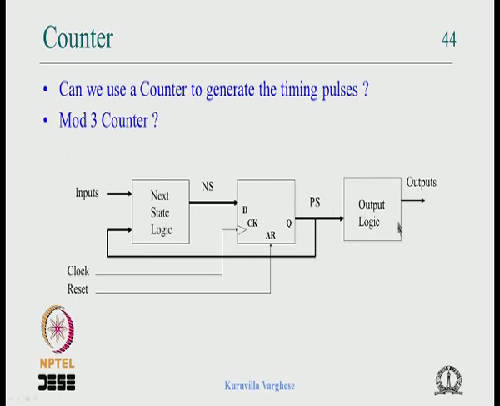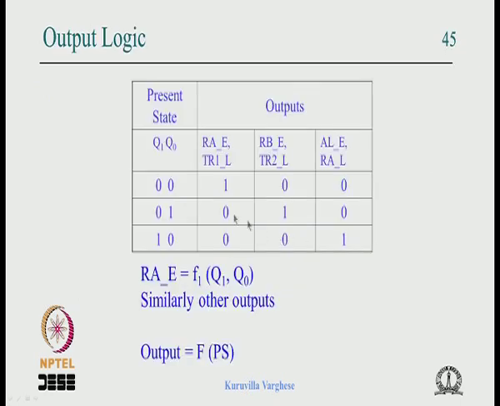You put a logic here to look at the present state, or the count, and decode it. Like when it is 0, two signals will be 1, when it is 1, the other two signals will be 1, and so on. So we write the truth table of this, where the input is the present state, Q1, Q0, and the outputs are this set of signals.